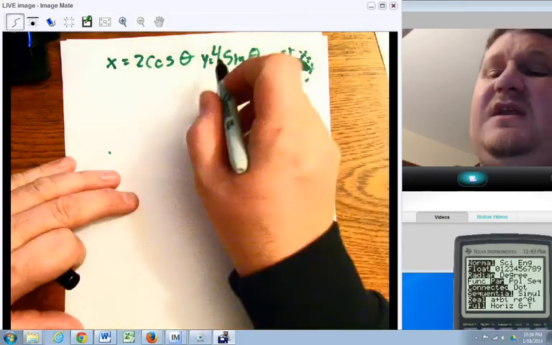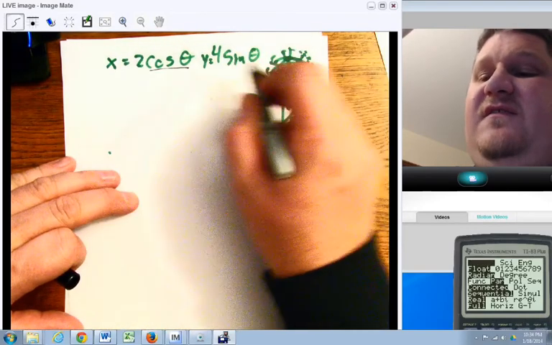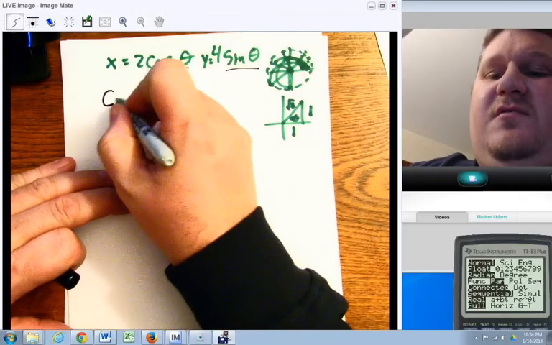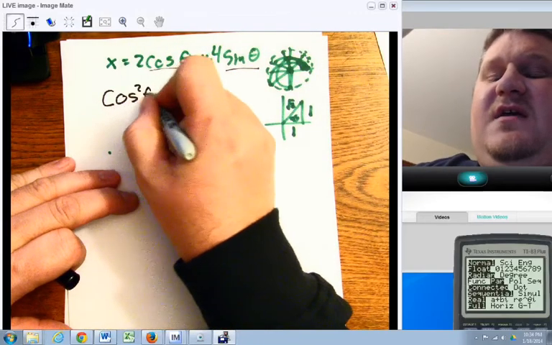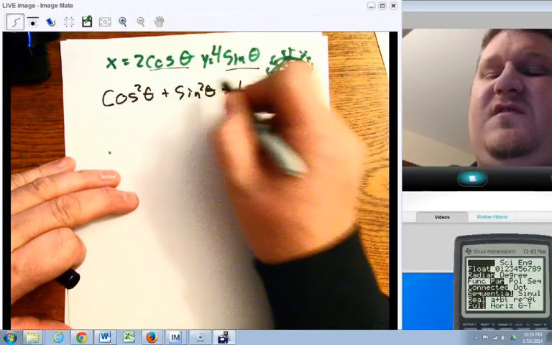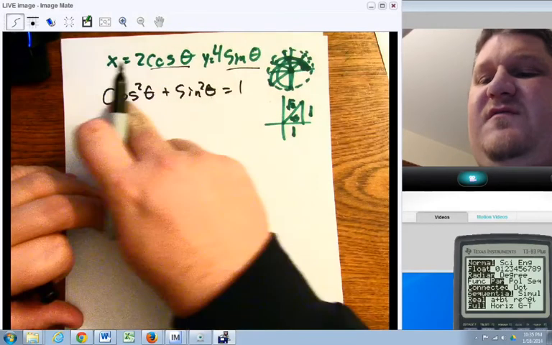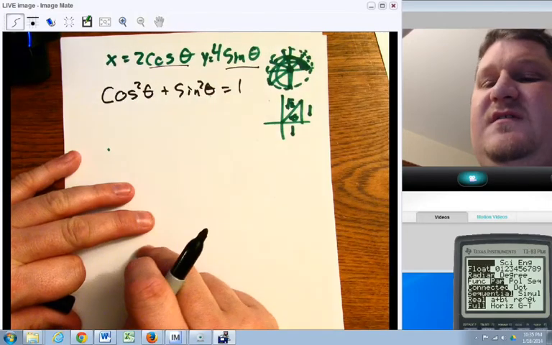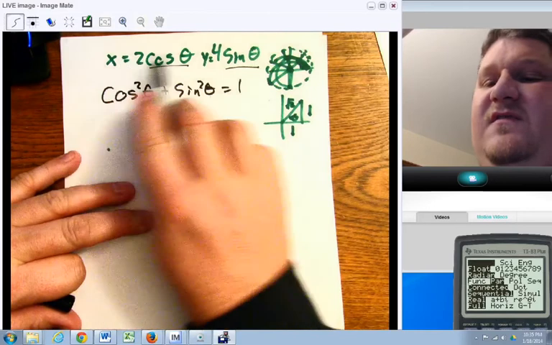So what we're going to need to do is some way to connect this and this. Well, the best way we know of to connect those two is through cosine squared theta plus sine squared theta equals 1. So the Pythagorean theorem, in terms of trigonometric identities, this is what we're going to use to connect them. So I have this, this, and this.